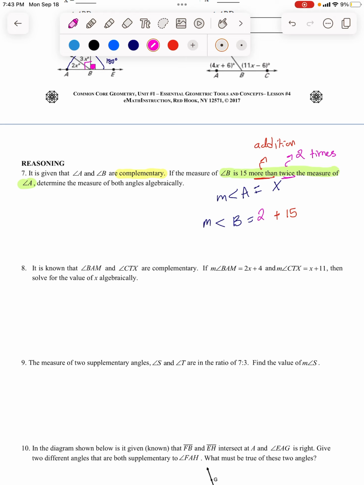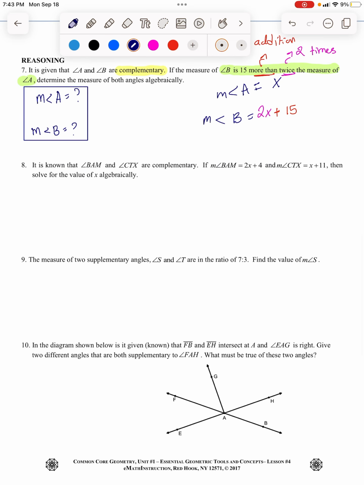Nope, but I know we called it an X. So 2 times X. Now, just a note, when you write your final answer, it should look like measurement angle A equals whatever that is, and measurement angle B equals whatever that is, just so we're all clear. Okay? Perfect.